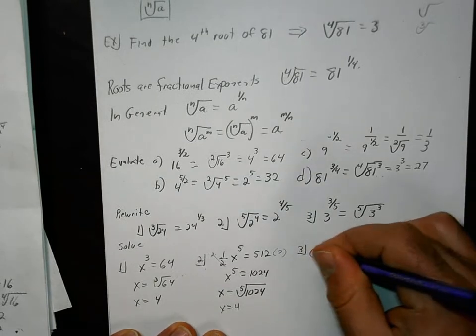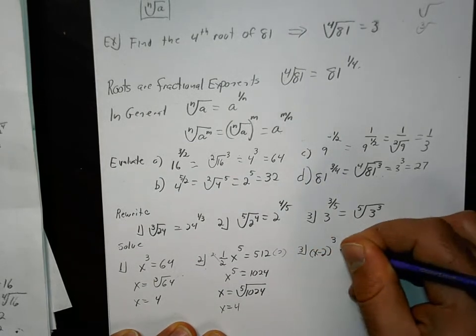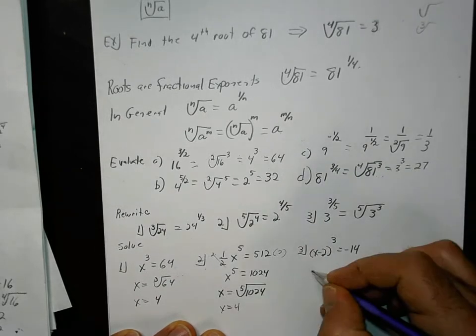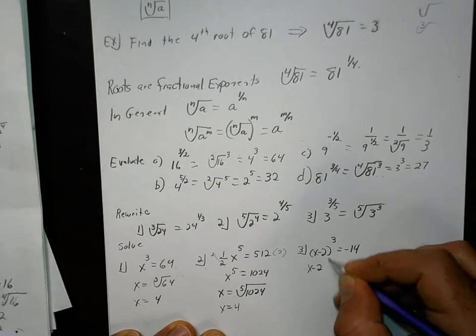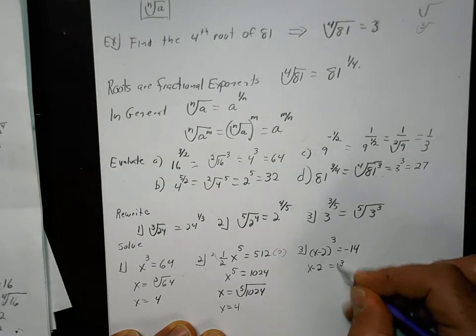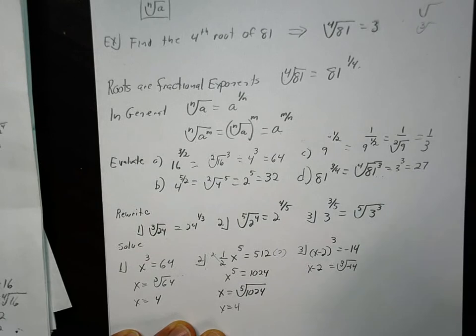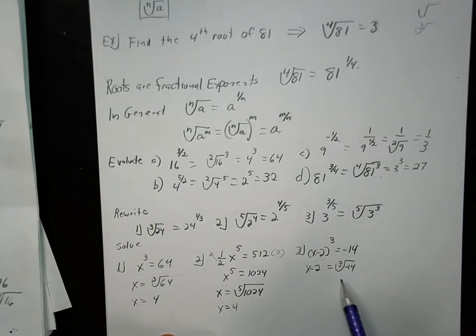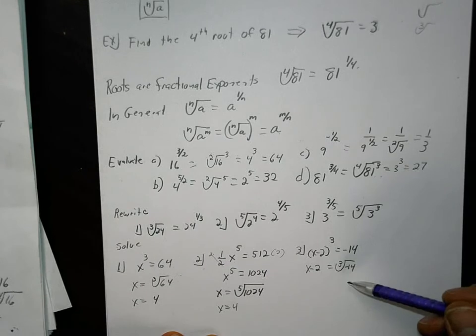How about this one? x minus 2 cubed equals negative 14. In this case, we have to cube root first to undo the cubed here. Now, here's a question. Can I cube root a negative number? I actually can cube root a negative number, because if I cube a negative number, the result is negative.